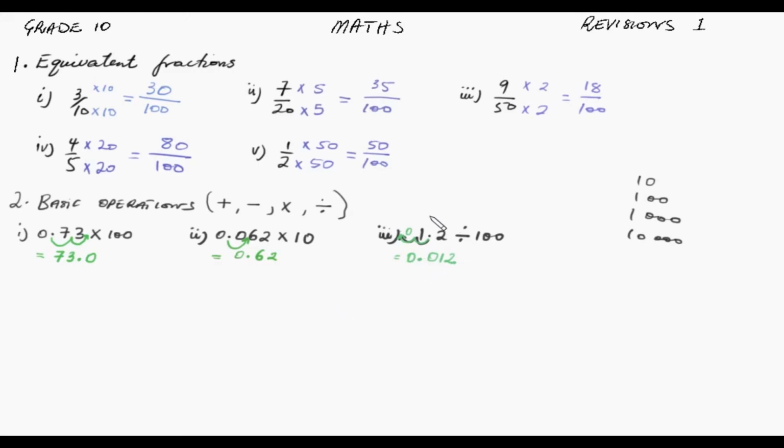We couldn't just say point 0 1 2. Usually you must put a 0 here to make it look smart. All right.